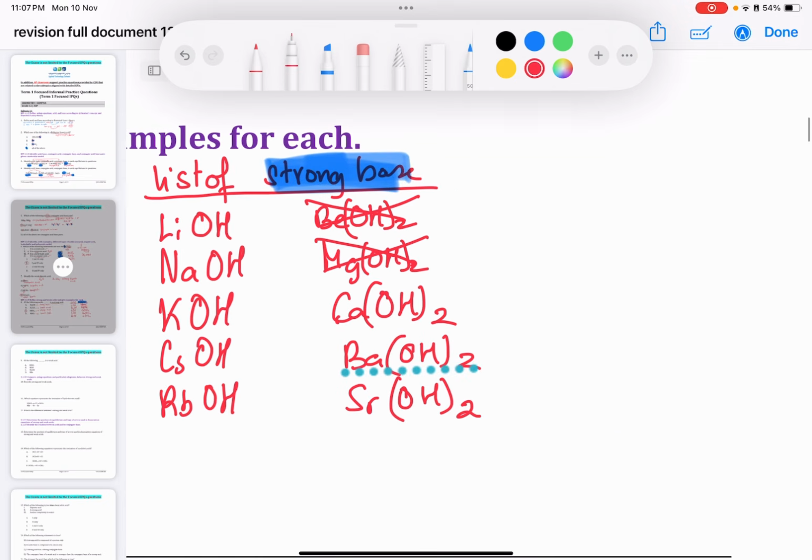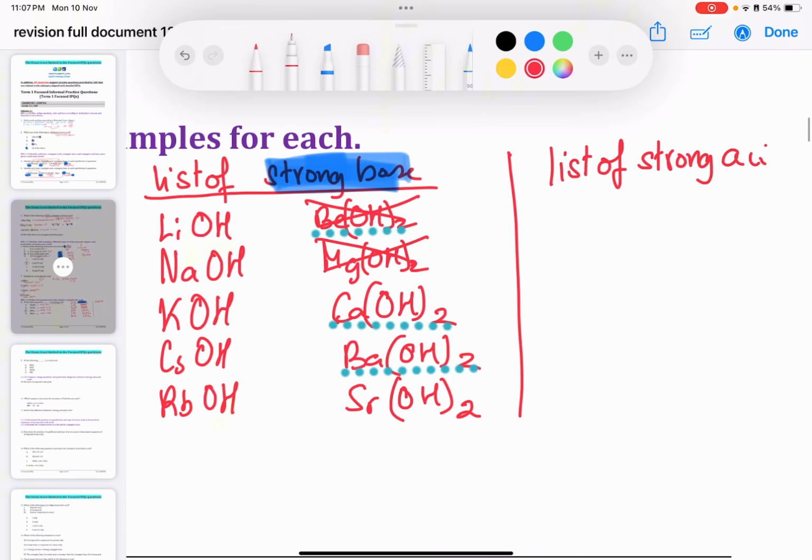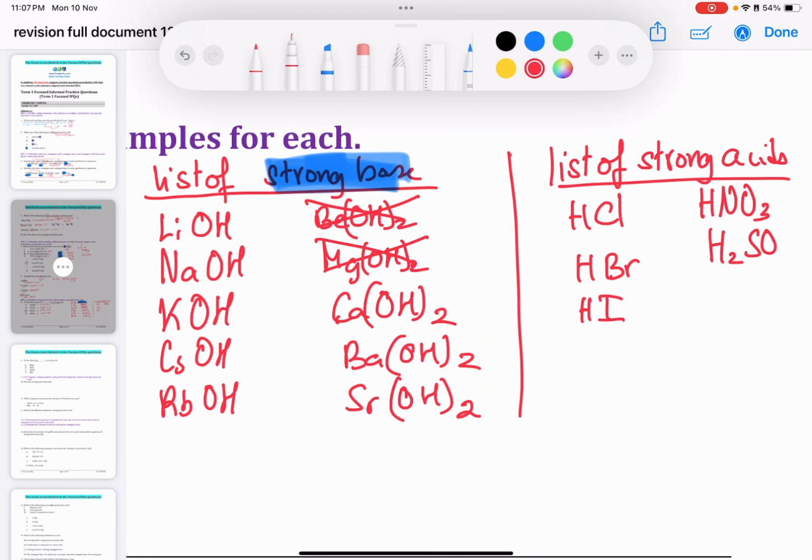So again, let me put here the list of strong acids that you need to know: hydrochloric acid, hydrobromic acid, hydroiodic acid, and I have nitric acid, sulfuric acid, and perchloric acid.